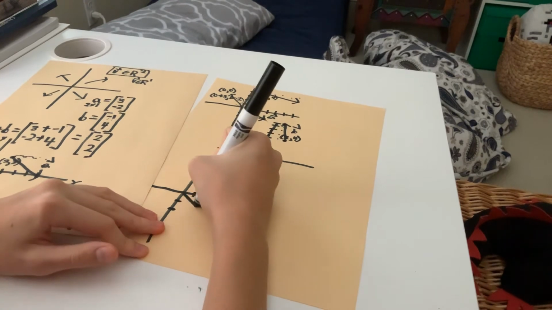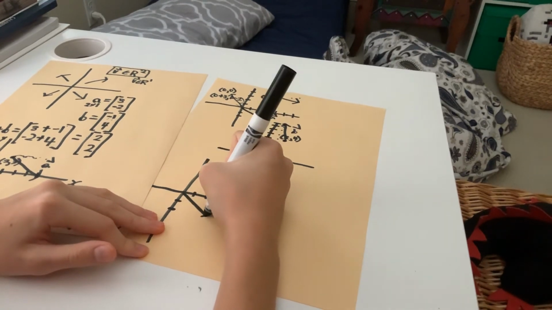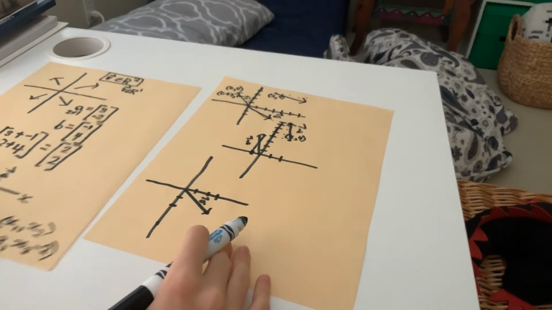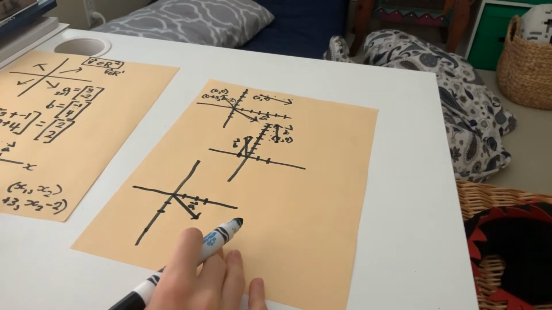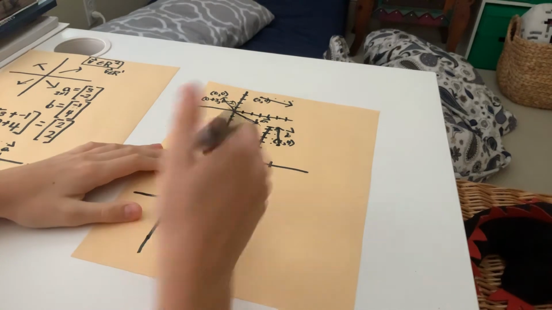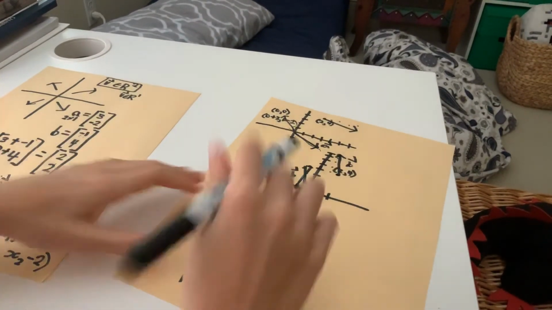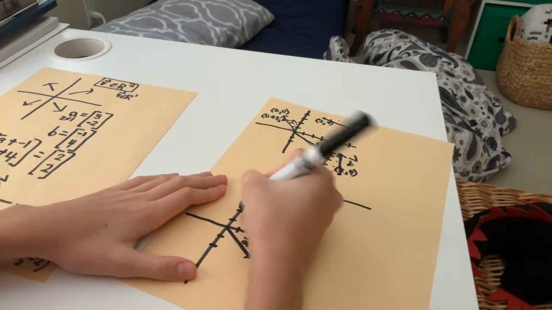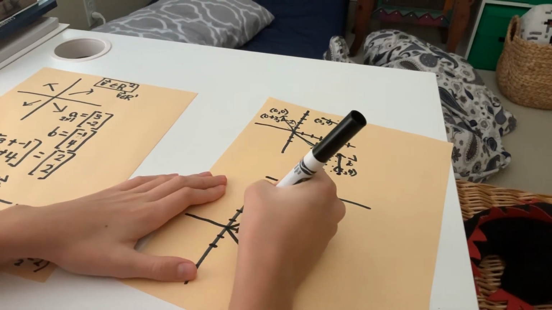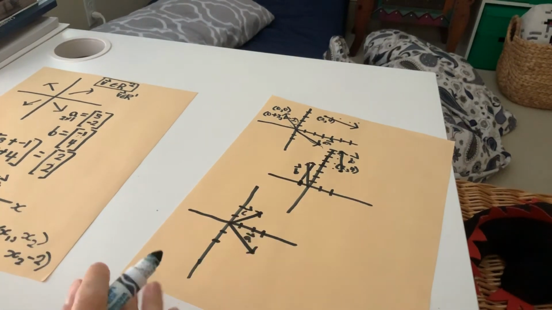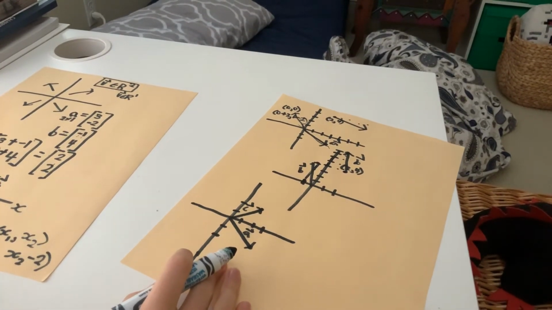So this is vector A, okay? Actually, no, let's graph our new vector C that we got here, so 2, 2. Right, that's our new vector C, so the sum of A and B, sorry.